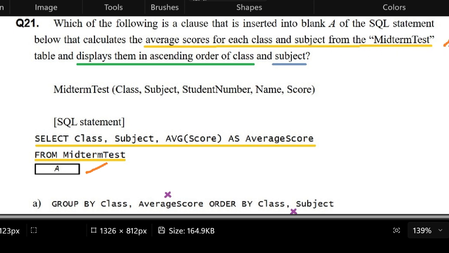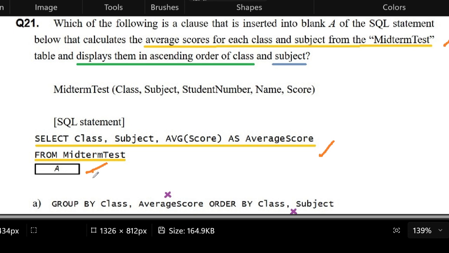So this part is really this one already, right? We're getting the average scores for each class and subject from the midterm test table. Okay, so this part is this part.